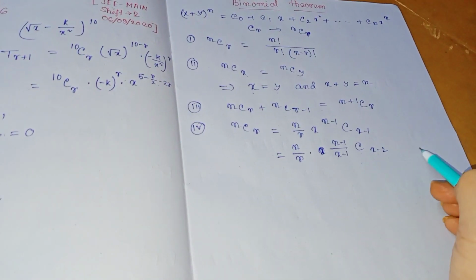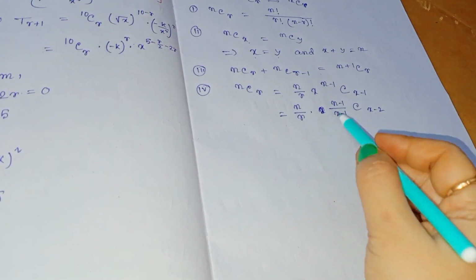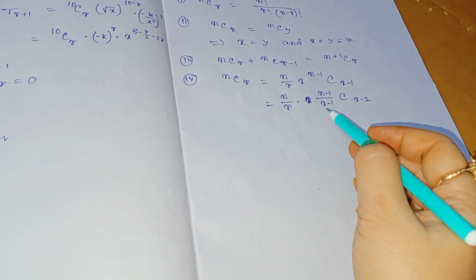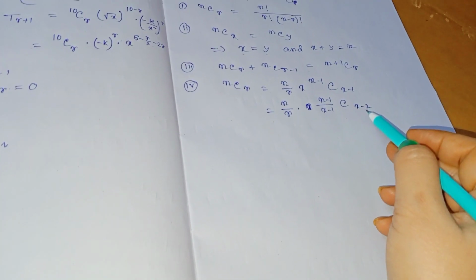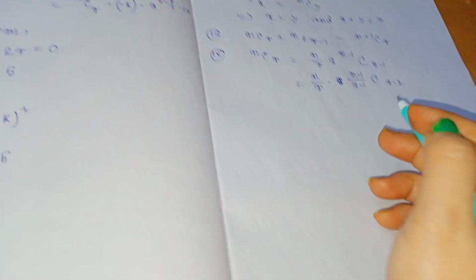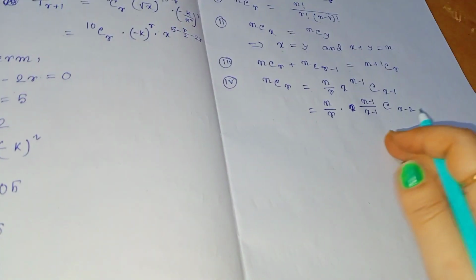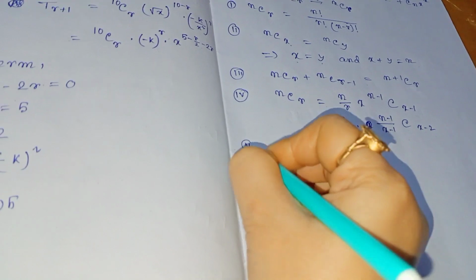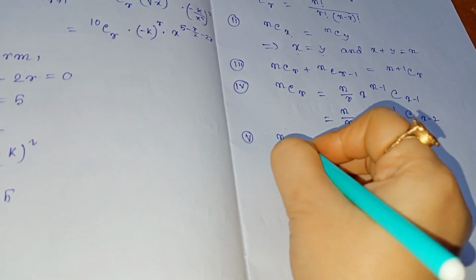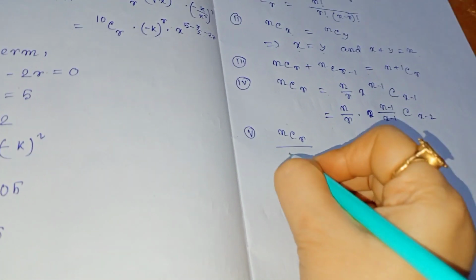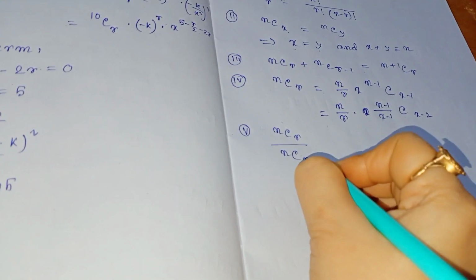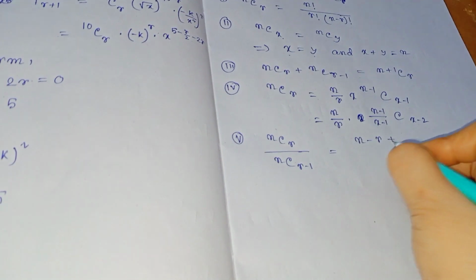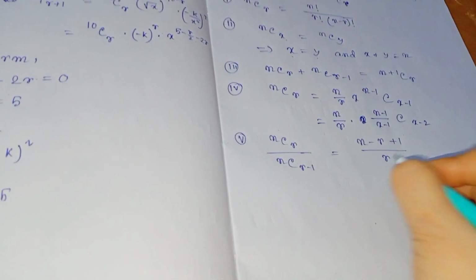And we can continue this series once again, n by r into (n minus 2) divided by (r minus 2) into (n minus 3)C(r minus 3), and so on. Number 5: nCr divided by nC(r minus 1) is equal to (n minus r plus 1) divided by r.